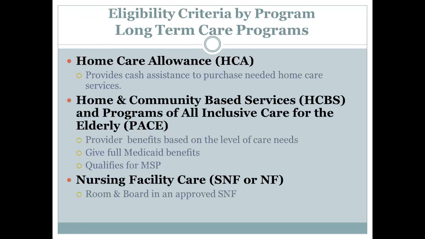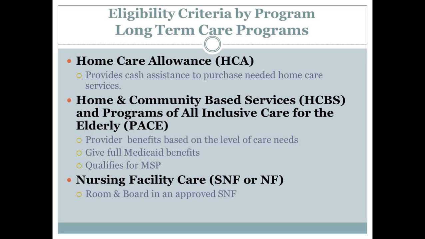The next programs that are available are all considered long-term care programs. The Home Care Allowance program provides cash assistance directly to the person that's applying, the applicant. And what they do with this money is they use it to take care of their needs, their personal needs, home care needs, assistance with activities of daily living, that kind of thing.